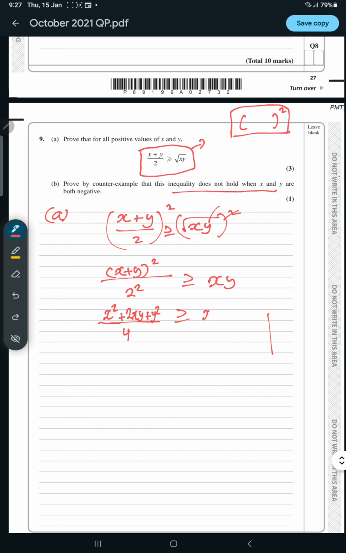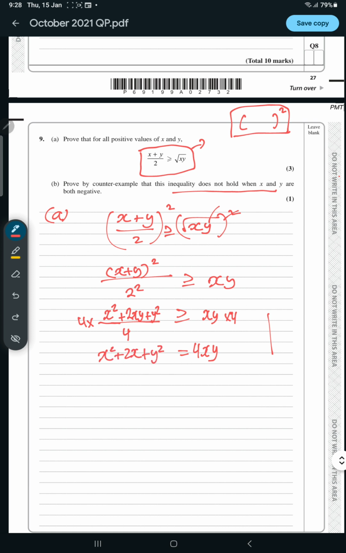What we can do is times both sides by 4 to get rid of the fraction. So we have 4xy and x squared plus 2xy plus y squared.